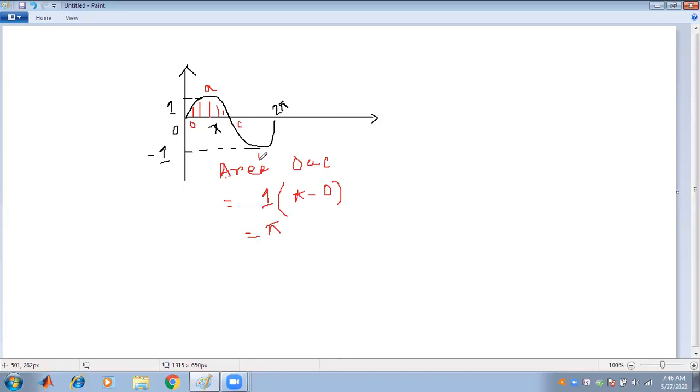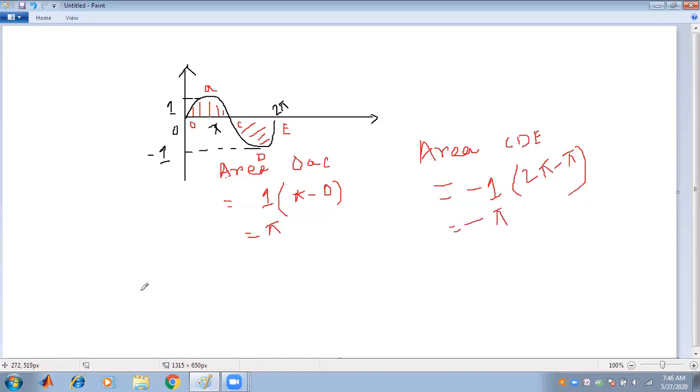Now, what is the area of the CDE portion? It is the height, minus 1, times the time interval, 2 pi minus pi, that is minus 1 times pi, so minus pi.